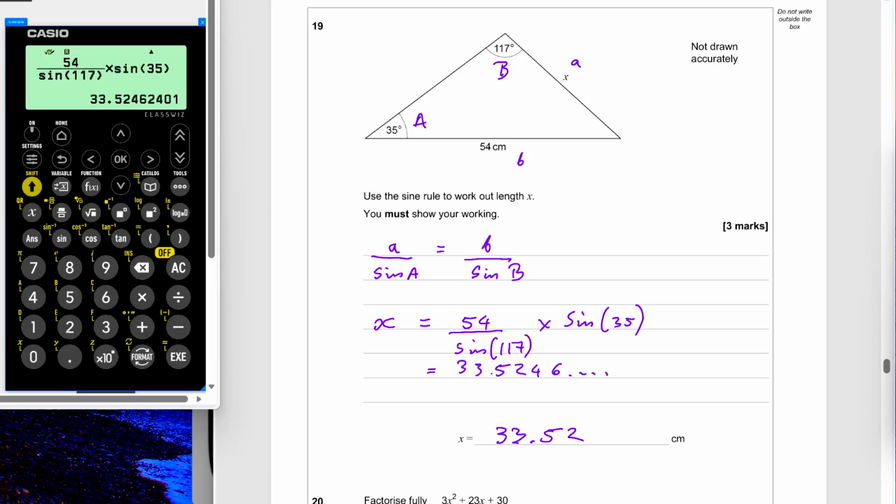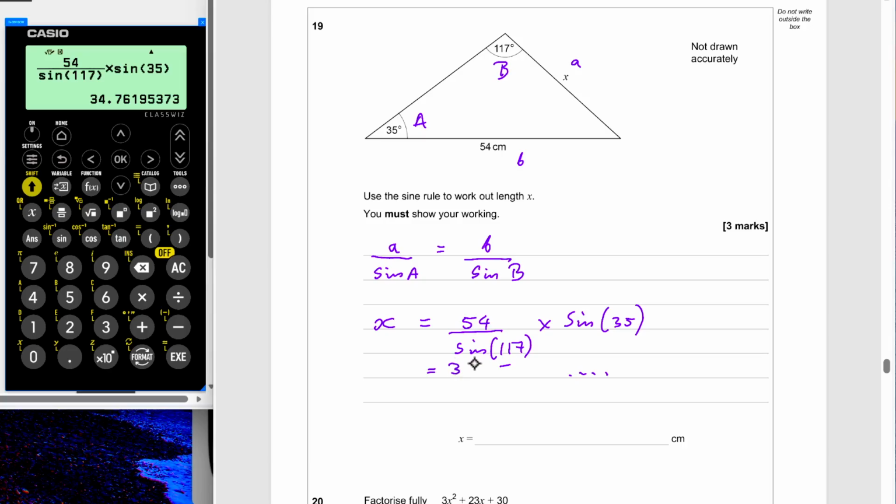Right. So to switch this into degrees on the more modern forms, we go settings, we want calculator settings, we want angle input, and we want to switch it from radians to degrees. There we go. So I'm going to get rid of that answer and just switch it for degrees.